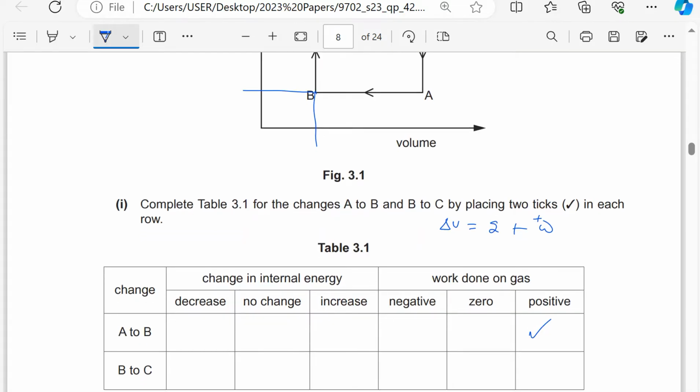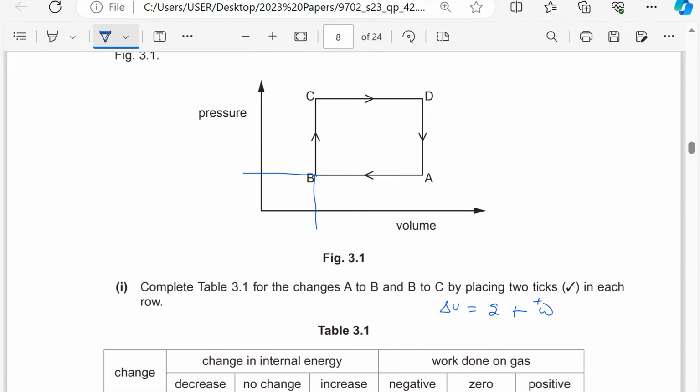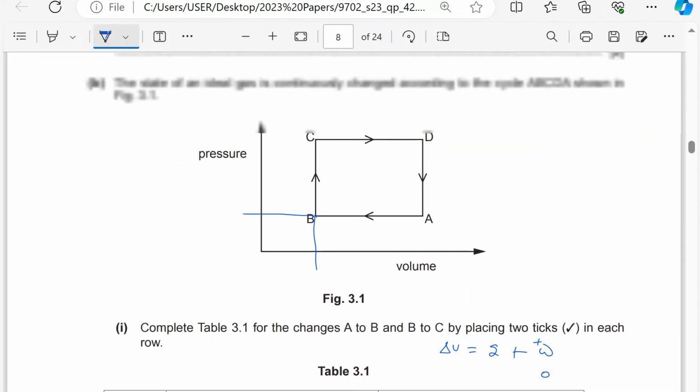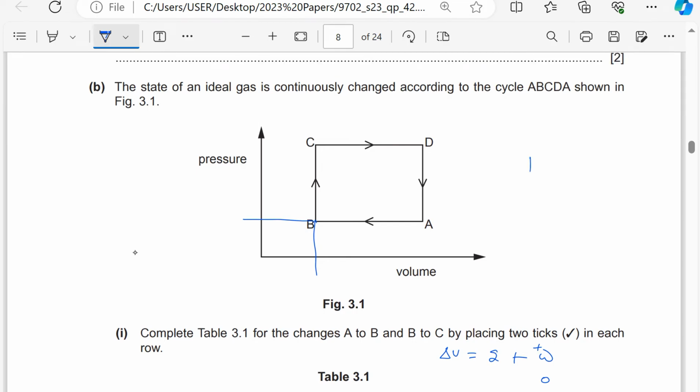Let's see B to C. The work done is 0 because the volume is constant. Now let's use an equation such as PV is equal to nRT.